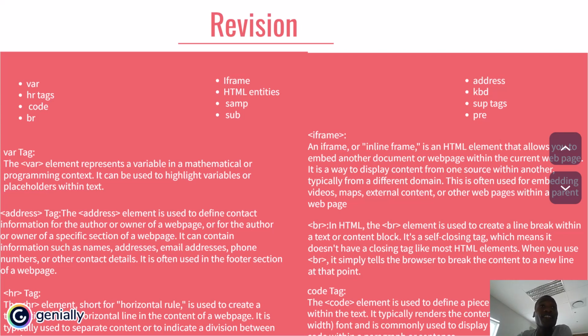It typically renders the content in a monospace, fixed-width font, and it is commonly used to display code snippets or inline code within an HTML text. So do we understand the code tag? All of us? I do.